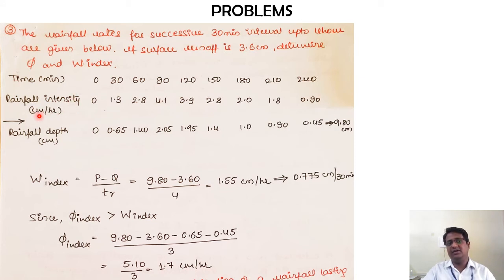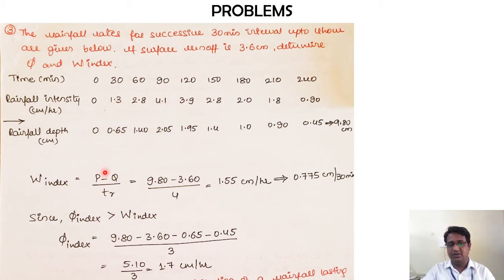Again, this is centimeters per hour, whereas the interval is only 0.5 hour. If you want to determine the amount of rainfall from 0 to 30 minutes, it is not 1.3 centimeters, that is the intensity. You need to convert this intensity into volume of rainfall.